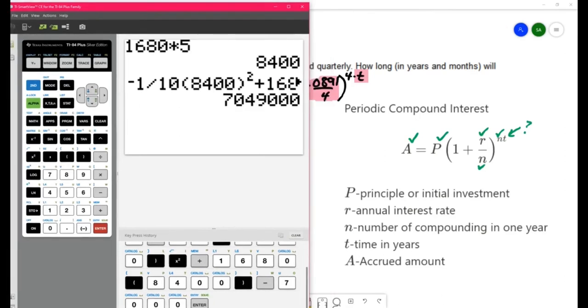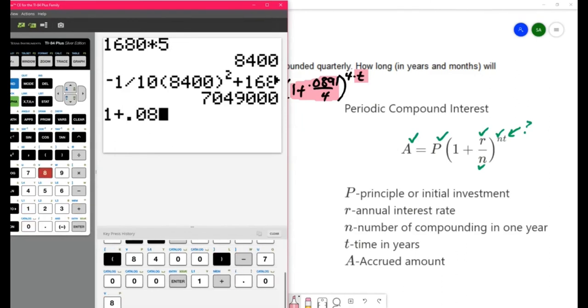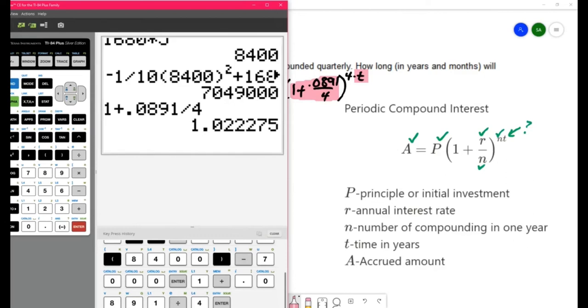Inside the parentheses, we have 1 plus 0.0891 over 4. So that gives 1.02275.